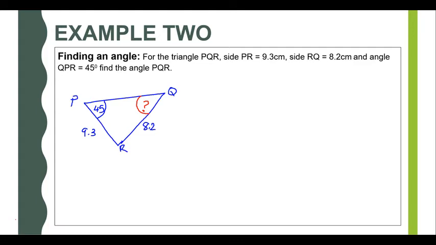Again, we can label each side of our triangle, with A being the angle that we want to find, so big A, little a the length opposite, and then B and C are the other two sides and angles. We've got information about two sides, we've got an angle and we want another angle, so we use the sine rule for angles.